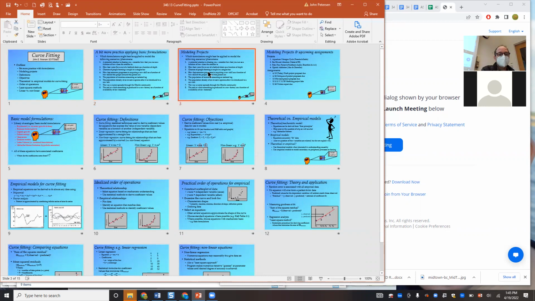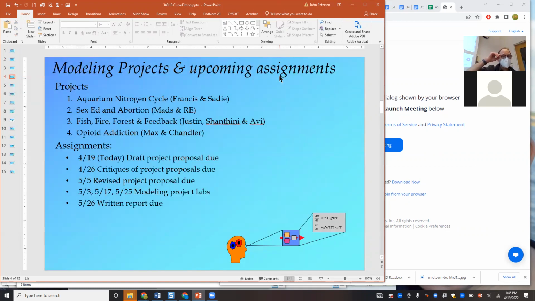Okay, so let's talk a little bit about the modeling projects. So here are our modeling groups as they stand.